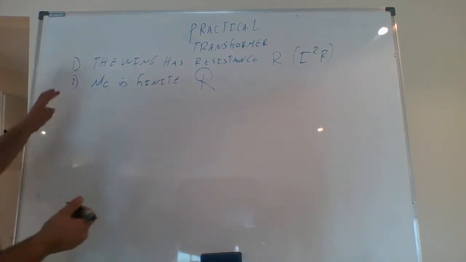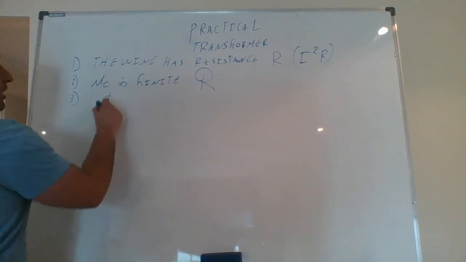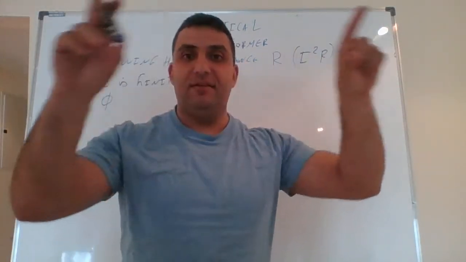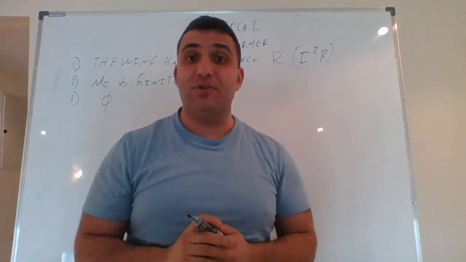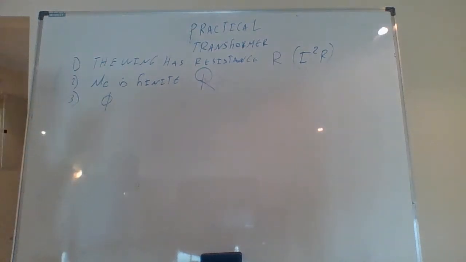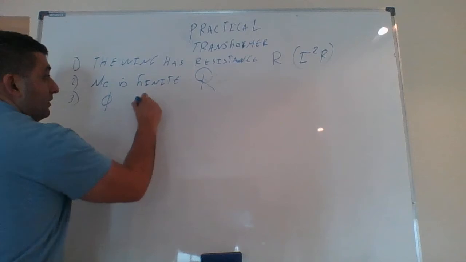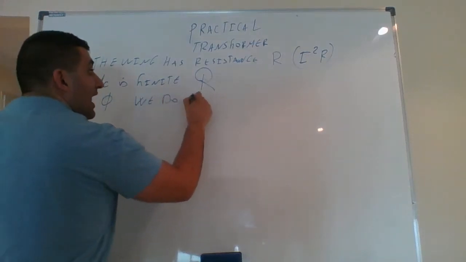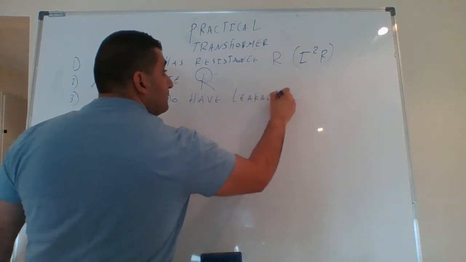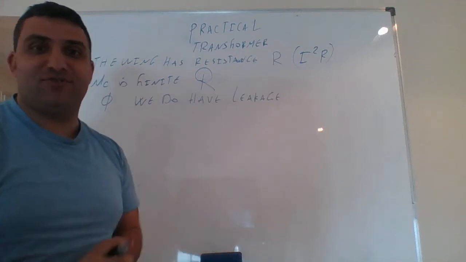In the ideal transformer, we said that the flux phi is enclosed within the transformer boundary. In practical cases, we do have leakage. So phi, the flux, is not confined within the transformer.